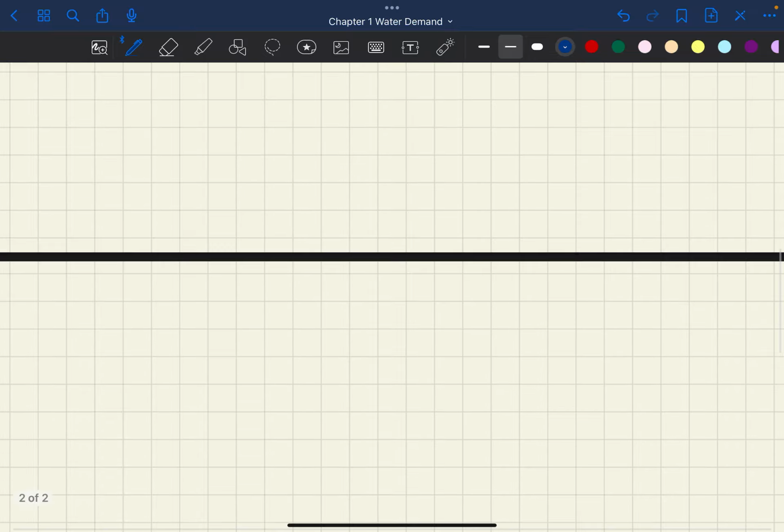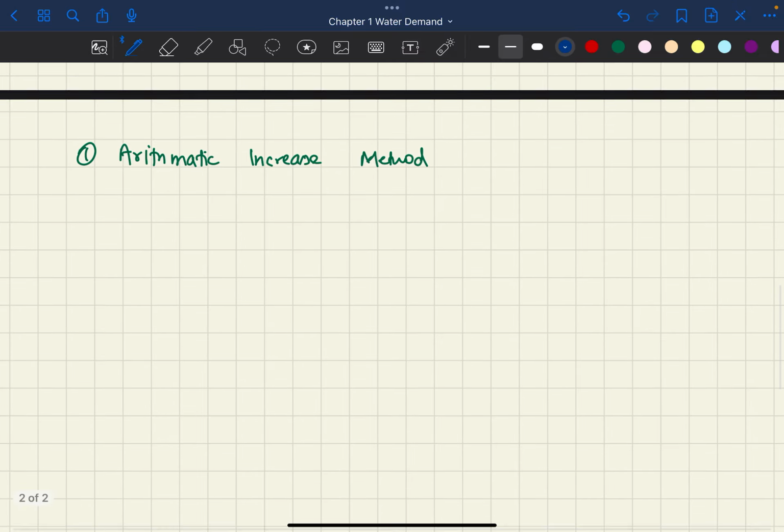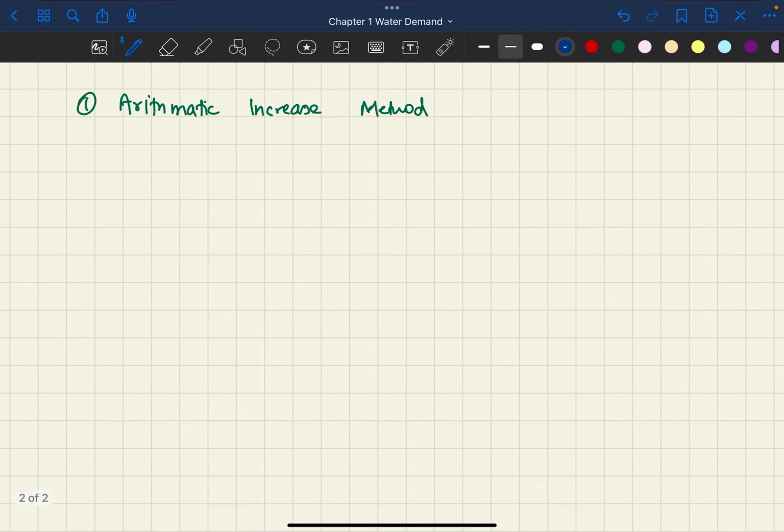So let's discuss the first method, that is arithmetic increase method. This is based on assumption that population increases at constant rate from last population.